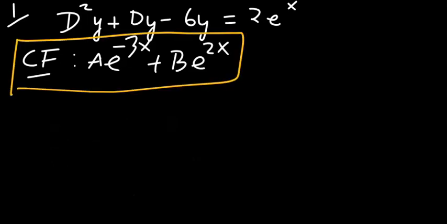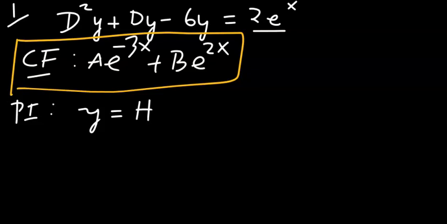Now we have to find the second piece, the particular integral, because the original differential equation has that term 2e to the power x on the right-hand side. So your function v is indeed that. In order to find the particular integral, we assume that the particular integral that we are looking for is closely related to that form.